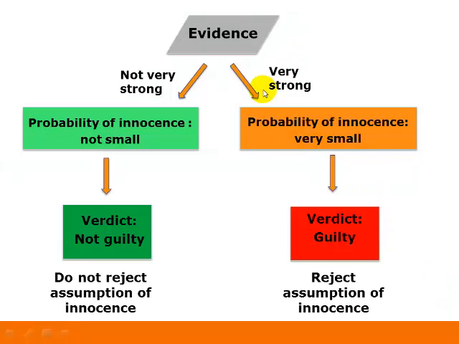On this side of the decision-making tree, if our evidence is extremely strong, then the probability that the defendant is actually innocent is very small. And this is the one that we want to be very small, because we don't want to be convicting an innocent person.